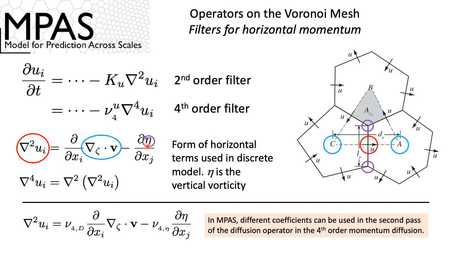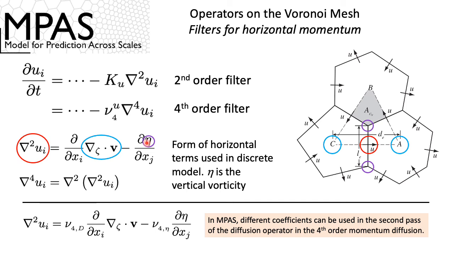The other component is the derivative along the cell face, so perpendicular to the velocity, of the vorticity eta. This is the vorticity, and the vorticity lives in the center of the triangles at the vertices. So it also is exactly where we want it.